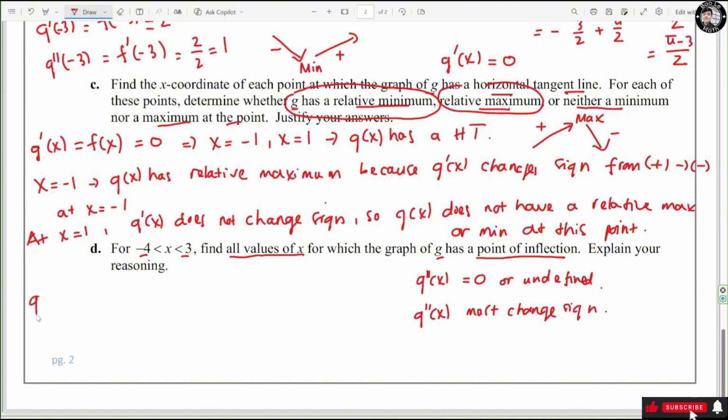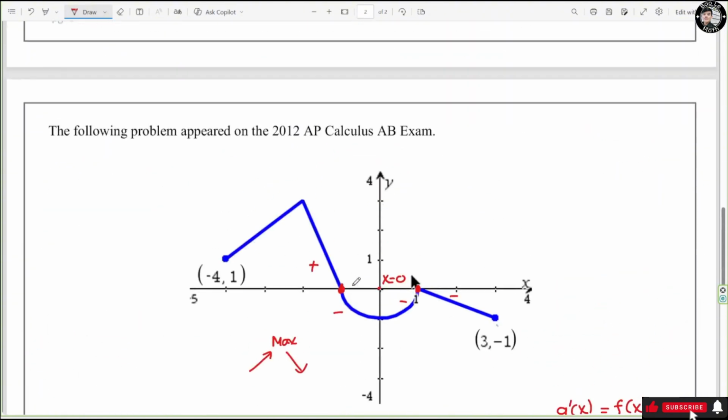So we have g double prime of s is actually f prime of s. Now we need to find the value of s where f prime of s equals 0. Now f prime of s is the slope of the tangent line of the function f of s. So we look at this one, the function f of s. Now the slope of the tangent line is equal to 0 when s equals 0 right here.